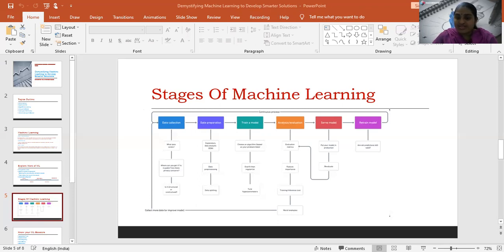Next process is serving the model. When you're serving the model, it means deployment of the model. Before you put the model into use and see how it goes, you need to check how it can work or how the conditions appear to be happening before getting into production or use as an output result.